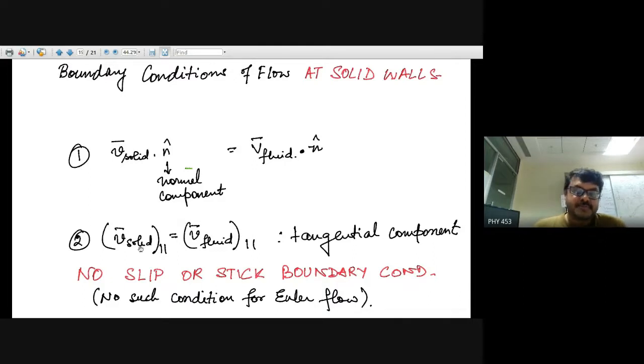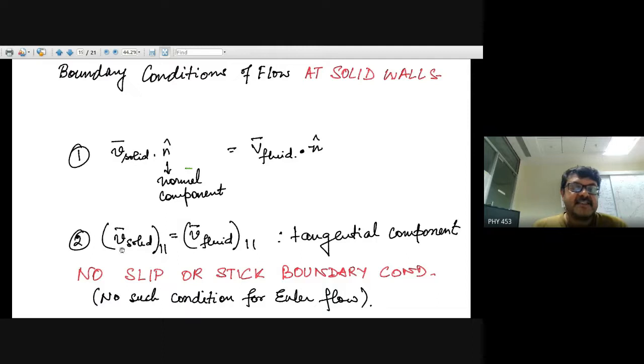Moreover, if you have stick boundary conditions, if you have finite viscosity, one considers that if there's a solid wall in motion, the fluid is going to stick to the surface of the solid, and it is going to have the same tangential component. So the fluid is going to stick and move with the same velocity as that wall is moving at that point in space and time.